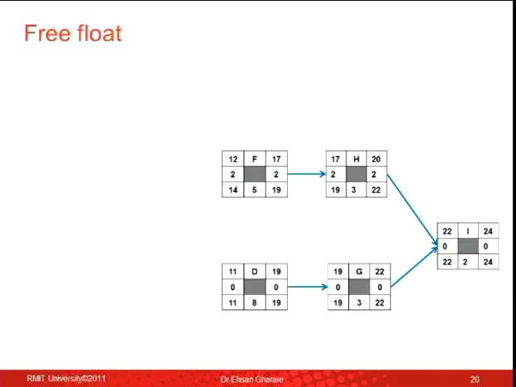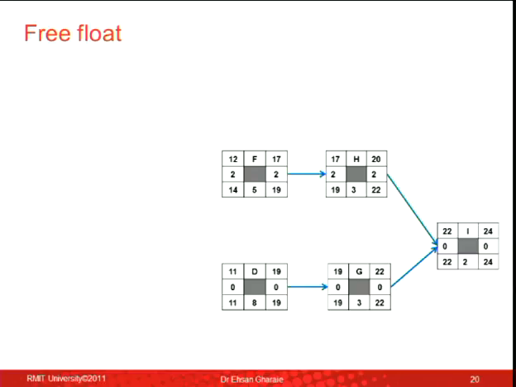So this is the difference between total float and free float. Total float, if you delay an activity, there is a consequence, but no impact on the whole project. Free float, if you delay the activity, nothing would happen to any other activity afterward. So the total float is about an activity and the whole project.